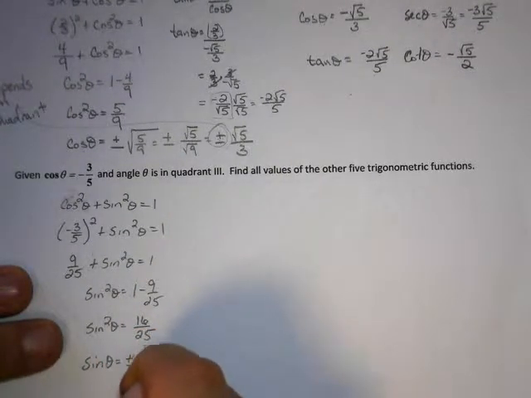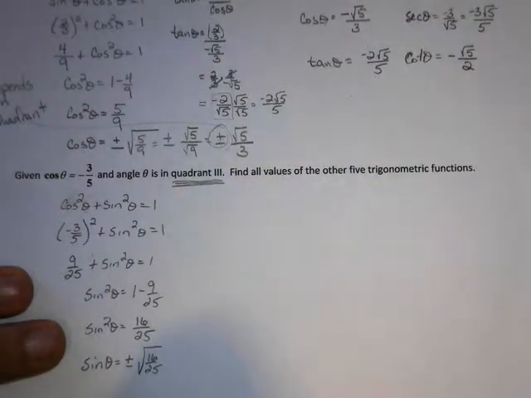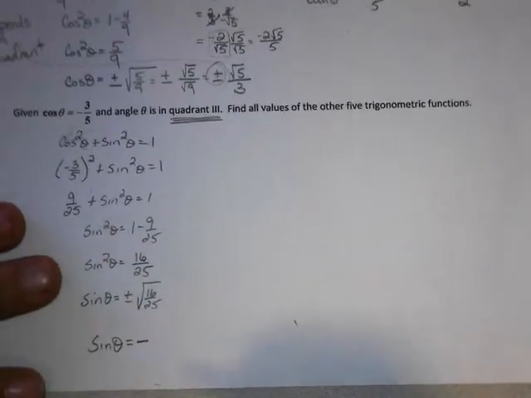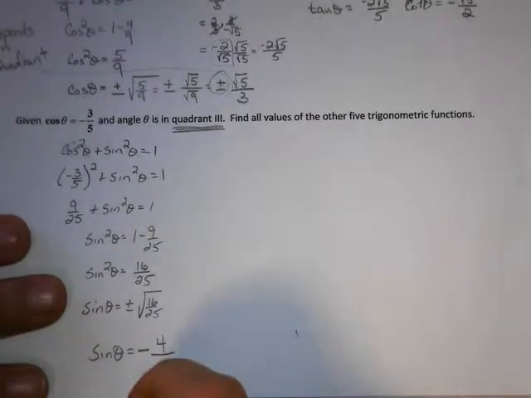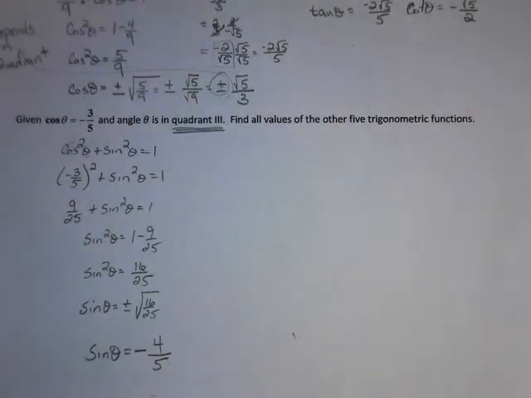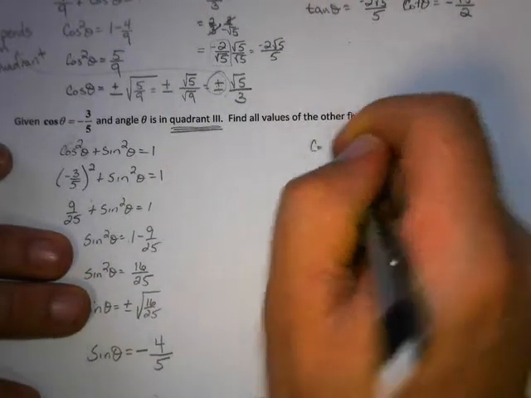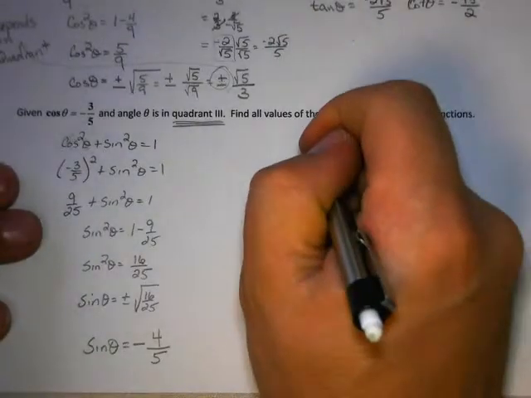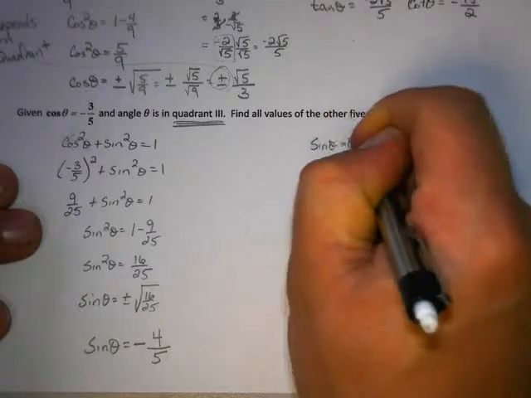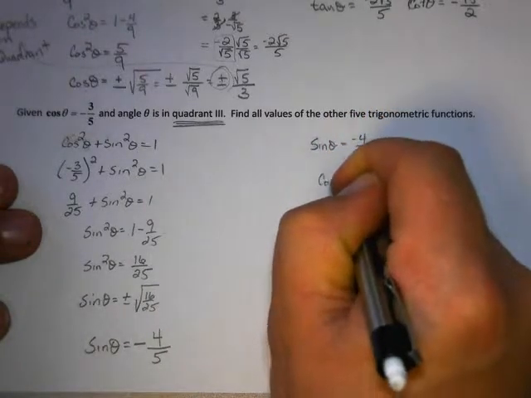But because we're in quadrant 3, we know sine theta is negative. And the square root of 16 is 4, square root of 25 is 5. So there's our sine theta. So if I do these in order, just out of habit, starting with sine, sine theta equals negative 4/5.